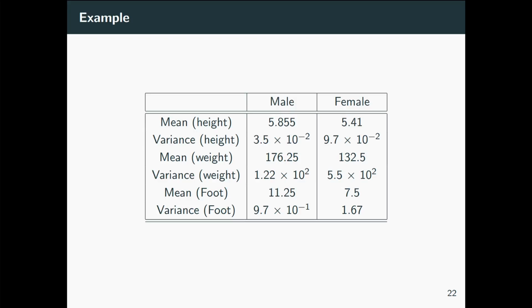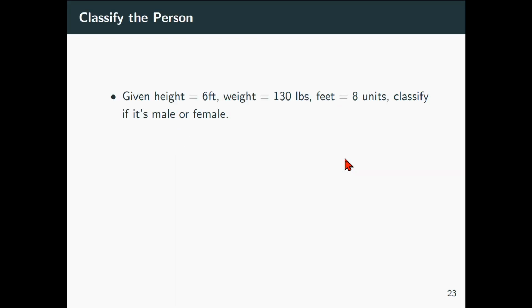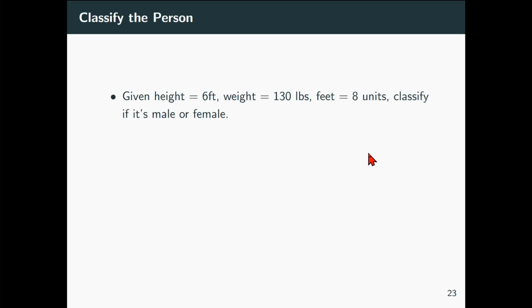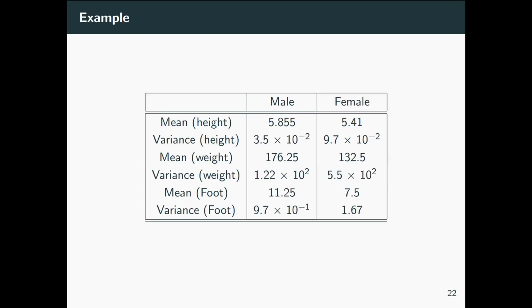The weight of 130 pounds is way closer to females than it is for males, but the height of 6 feet is closer to male than female, but still, the difference is not as stark as in the case of the mean weight. And the foot size of 8 units is again probably closer to the female data in this particular data set.